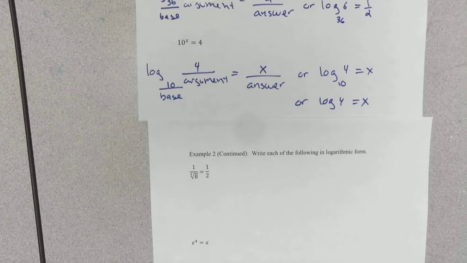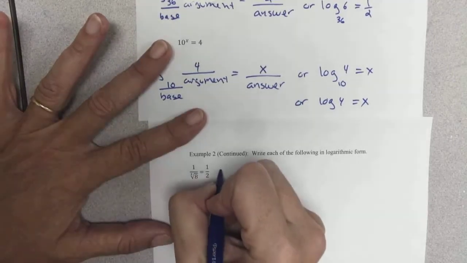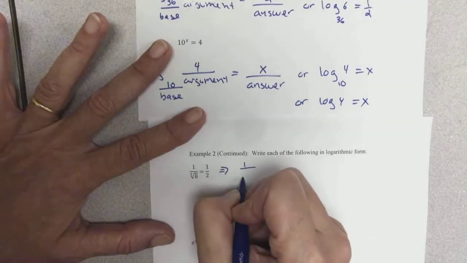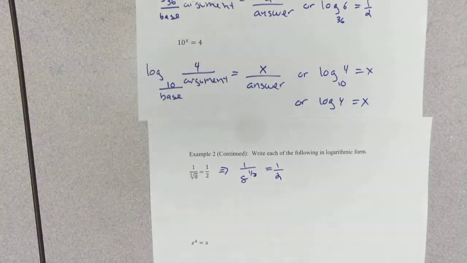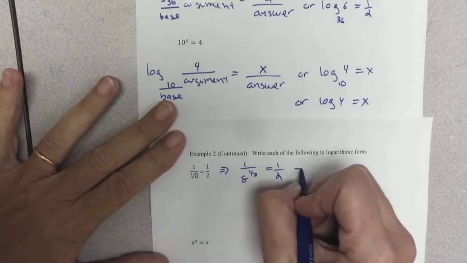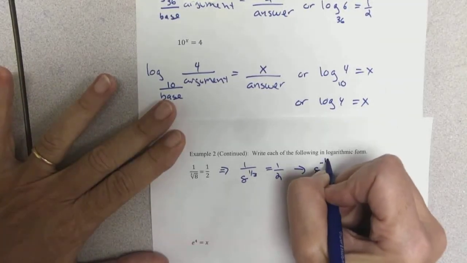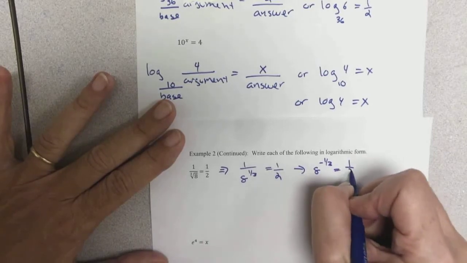Rewrite each of the following in logarithmic form. Okay, we like exponents, so let's rewrite this guy with an exponent first of all. A cube root is the same thing as an exponent of 1/3. And I really don't want a fraction there, so 8 to the negative 1/3 equals 1/2.